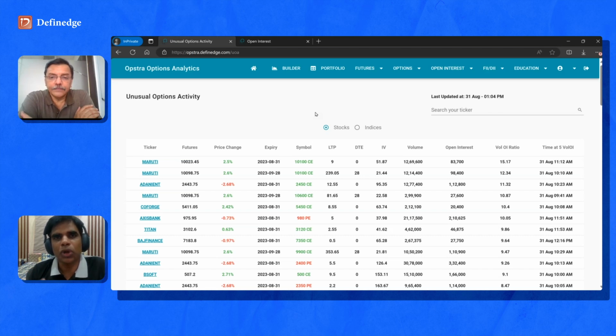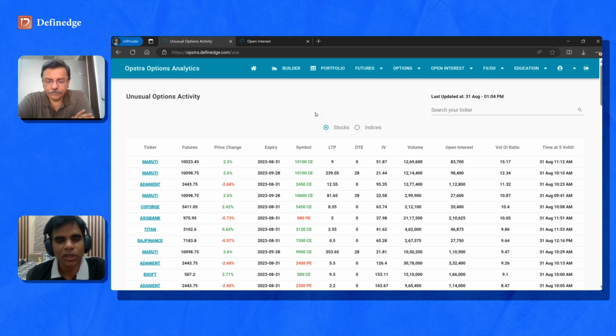Okay. So what does it mean, and why? When volume activity is much higher than open interest activity, this will happen when there's a big buy in the options. Some big player, whether because of insider trading or some information they got from somewhere, is buying in big quantities.